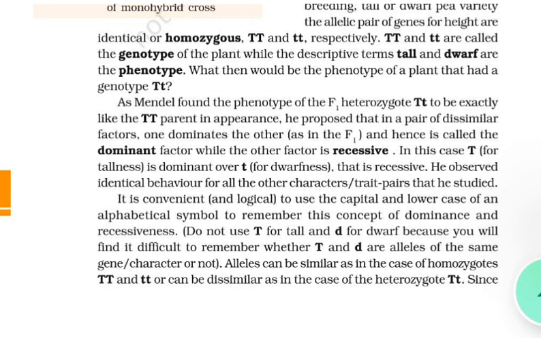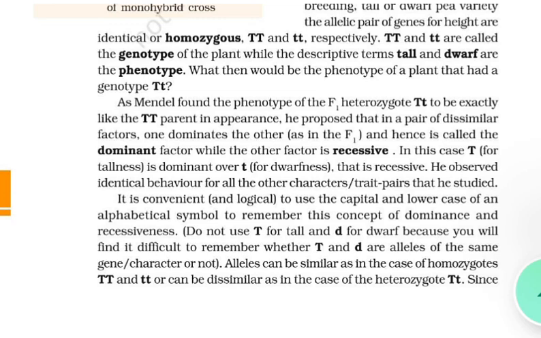In this case, capital T for tallness is dominant over small t for dwarfness, that is recessive. He observed identical behavior for all the other trait pairs that he studied. It is convenient and logical to use the capital and the lower case of an alphabetical symbol to remember this concept of dominance and recessiveness.